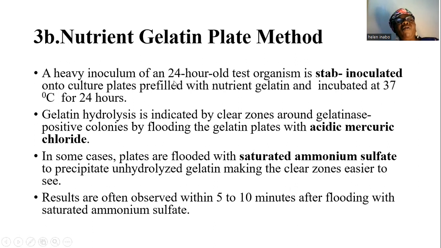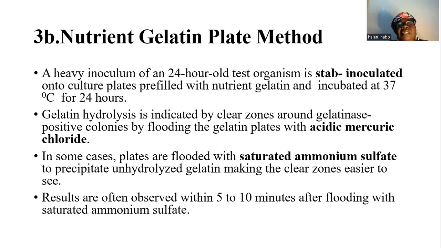The second type of gelatin hydrolysis test is the nutrient gelatin plate method. Here, a heavy inoculum of a 24-hour test organism, presumptive Staphylococcus aureus, is inoculated onto culture plates that have been pre-filled with nutrient gelatin. These plates are incubated at 37 degrees Celsius for 24 hours.